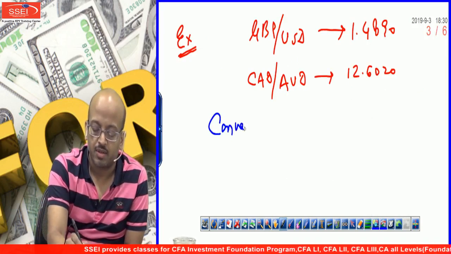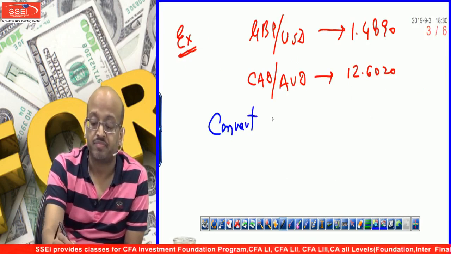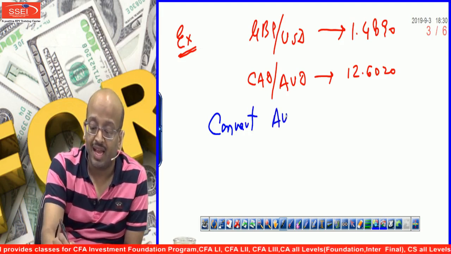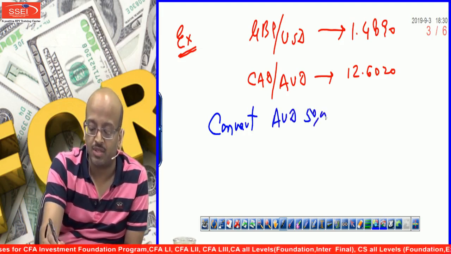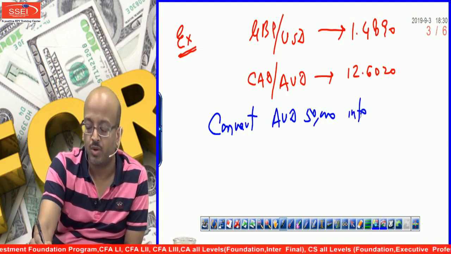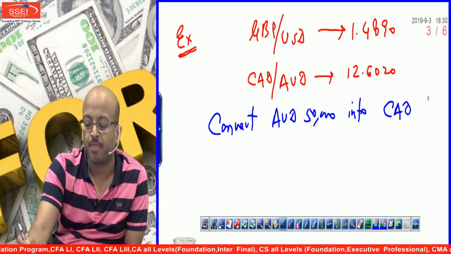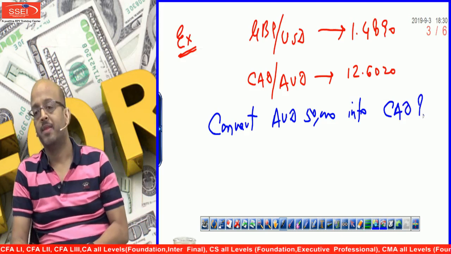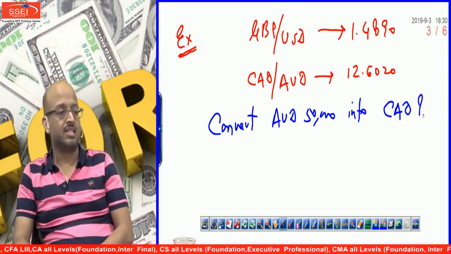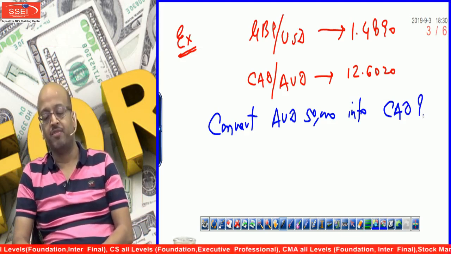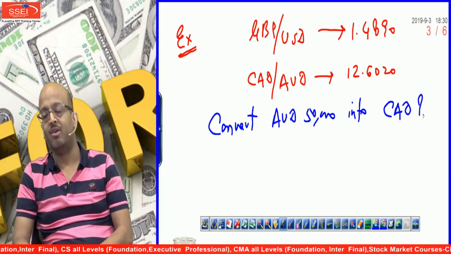Convert AUD 50,000 into CAD. Yes, answer please. Convert 50,000 AUD into Canadian dollar.